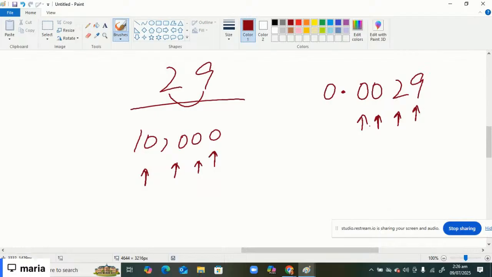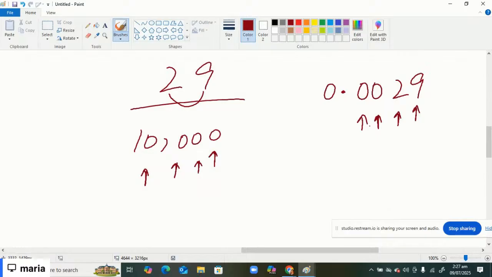If any digit is missing, there are sometimes a total of 4, so you are going to put zeros there. If the digits on the top number are fewer, if there are two digits, if there are three digits, no, we are not putting 0.999. We're going to put 0.0029. We are not putting the three zeros.